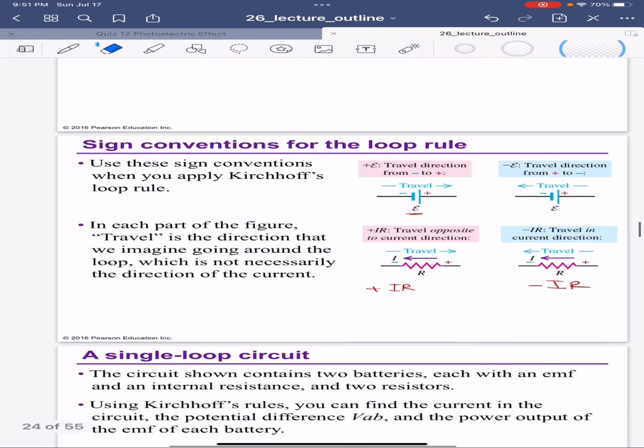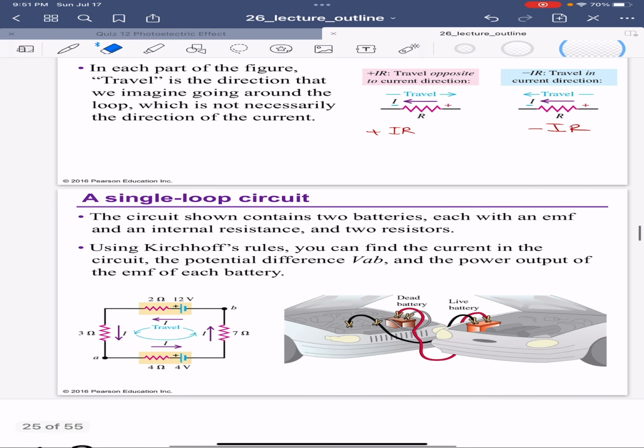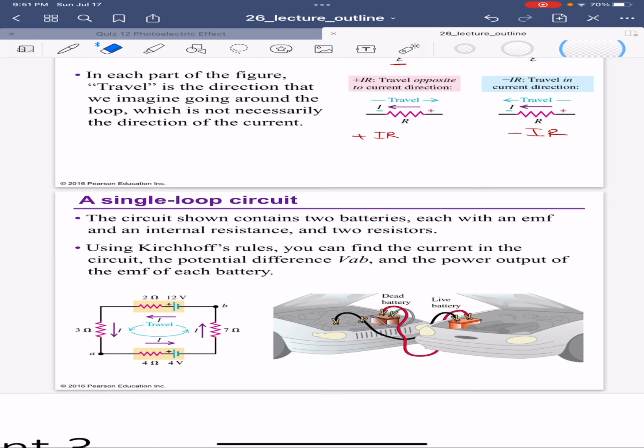Also, I can apply Kirchhoff's law or rules to a single loop circuit. And of course, I can use the other technique, but here we're going to see how we're going to use this one. For example, here a circuit shown contains two batteries, each with an EMF and internal resistance.